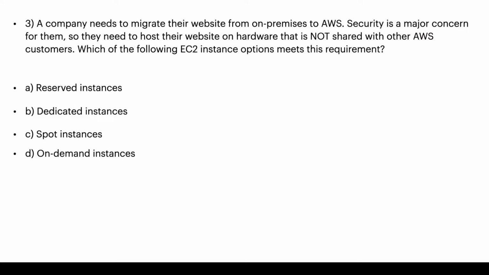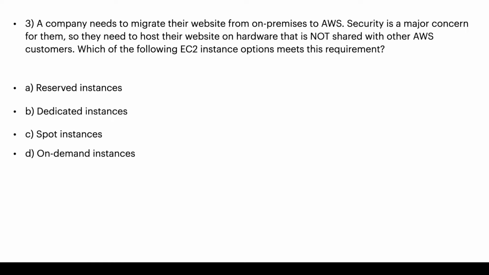The third question says a company needs to migrate their website from on-premise to AWS. Security is a major concern for them, so they need to host their website on hardware that is not shared with other AWS customers. Which of the following EC2 instance options meets this requirement?